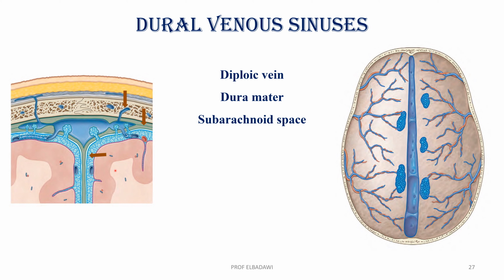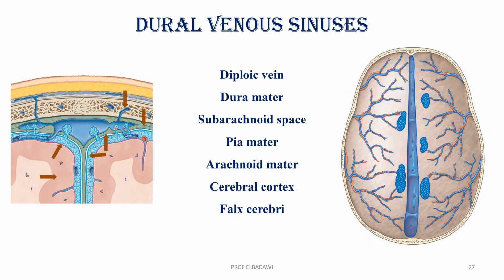That is the pia mater close to the surface of the brain. That is the arachnoid here, close to the inner layer of the dura mater. And that is the cerebral cortex here. And this is the falx cerebri, which is formed by the inner layer of the dura mater, as you can see here.